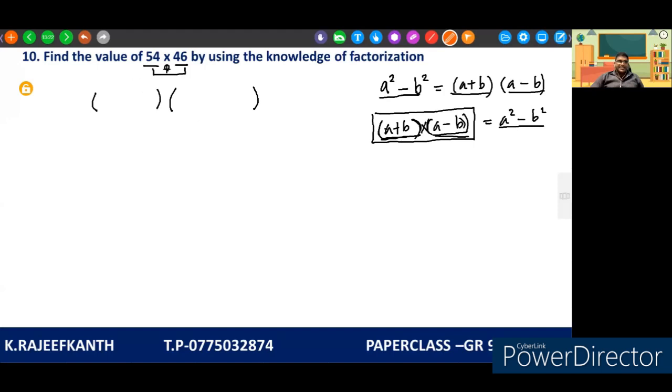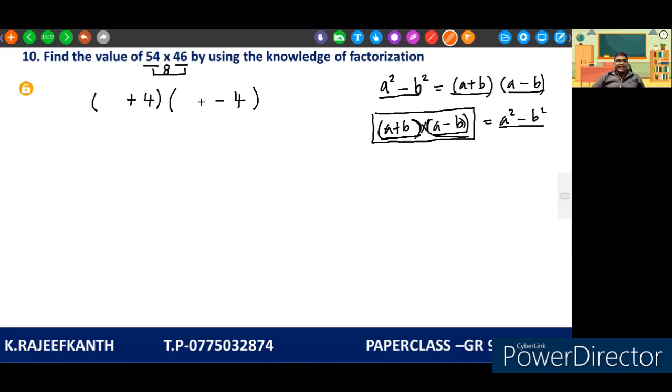Here the difference is 8, so first you should find the half value of 8. The very first step is to find the difference of these two numbers, that is 8. Then in our second step, we find the half value of that 8, that is 4. So one time we add 4 and another time we subtract 4. Here we found the value of b.